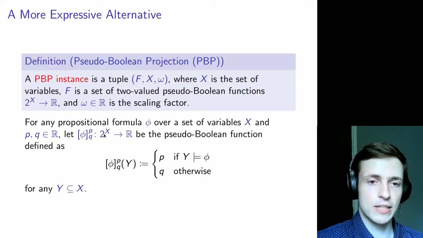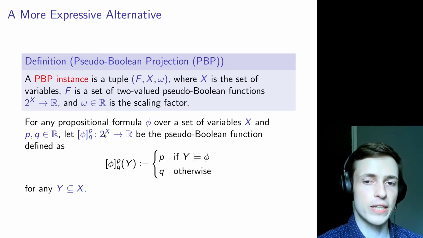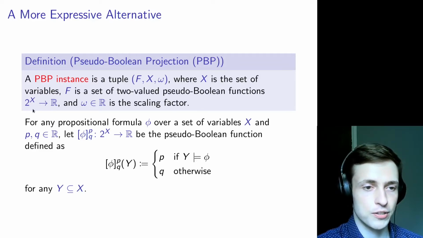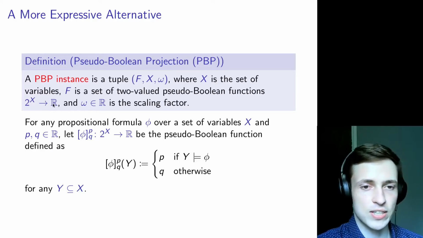And alternatively, instead of considering a propositional formula, we can replace it with a set of pseudo-Boolean functions. So these are functions of this form, going from the power set of the set of variables to the real numbers. And just for convenience, we restrict them to pseudo-Boolean functions that have at most 2 values.